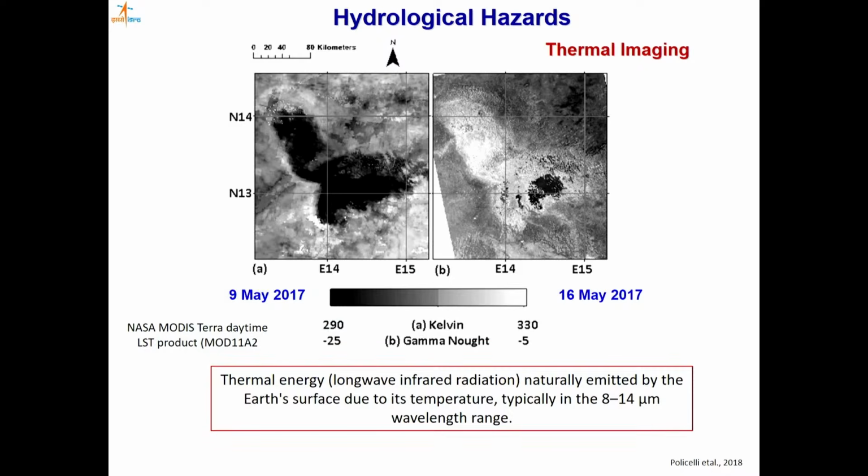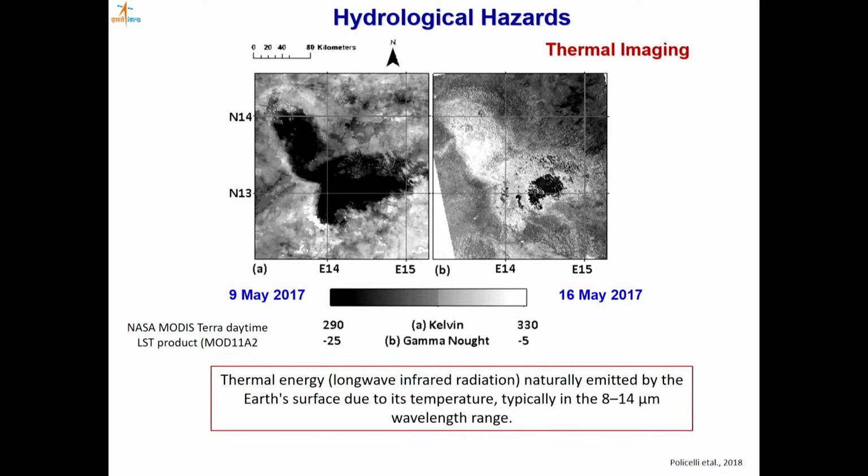Thermal sensors can also provide you information, because they measure the thermal energy, that is long wave infrared radiation naturally emitted by the earth's surface due to its temperature. But they are more suitable in semi-arid or dry conditions, where you have a clear contrast between the diurnal temperatures of day and night.